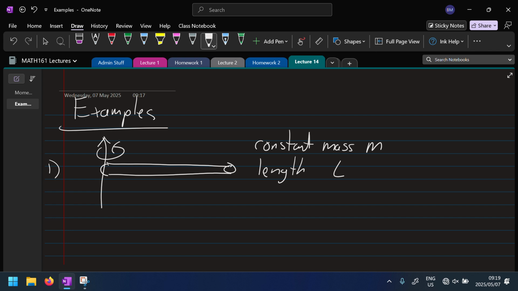And the axis could change. I could make the axis in the middle. I could make it 1/3 the way through, right? That can change. But in this case, we've got the axis at the end. What's the moment of inertia?